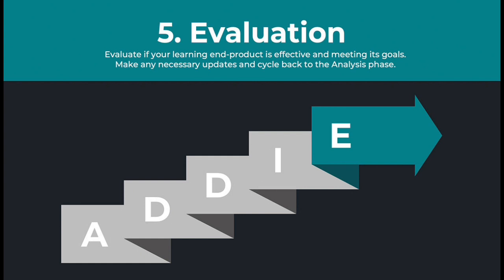After the e-learning course is designed, developed, and implemented, you want to make sure it's doing its job. Is the course effective? Are your learners confused? The evaluation phase is all about gathering important information to see if the course needs to be revised and improved. You can gather this information by viewing back-end data on the LMS and asking users to complete surveys after they finish the course.